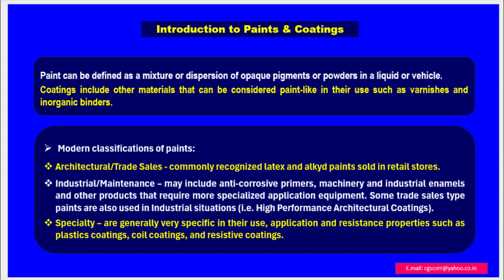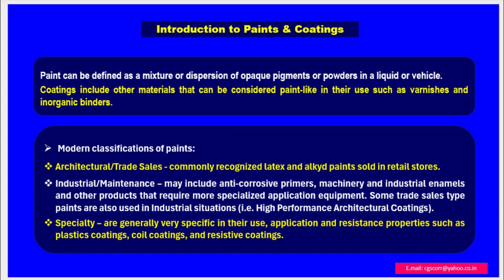Modern classifications of paints. Architectural trade sales commonly recognize latex and alkyd paints sold in retail stores. Industrial maintenance may include anti-corrosive primers, machinery, and industrial enamels, other products that require more specialized application equipment.